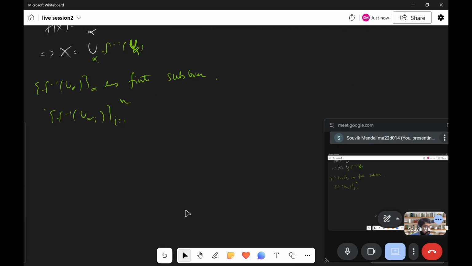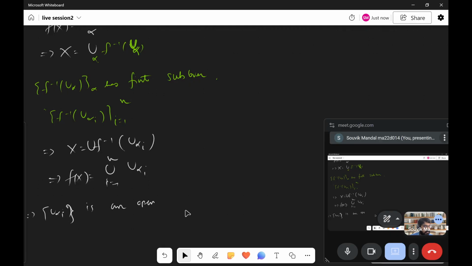That means X equals f inverse of the union of U_alpha_i, so f(X) equals the union of U_alpha_i, i equal to 1 to n, and that implies this collection U_alpha_i is a finite subcover of f(X), correct?